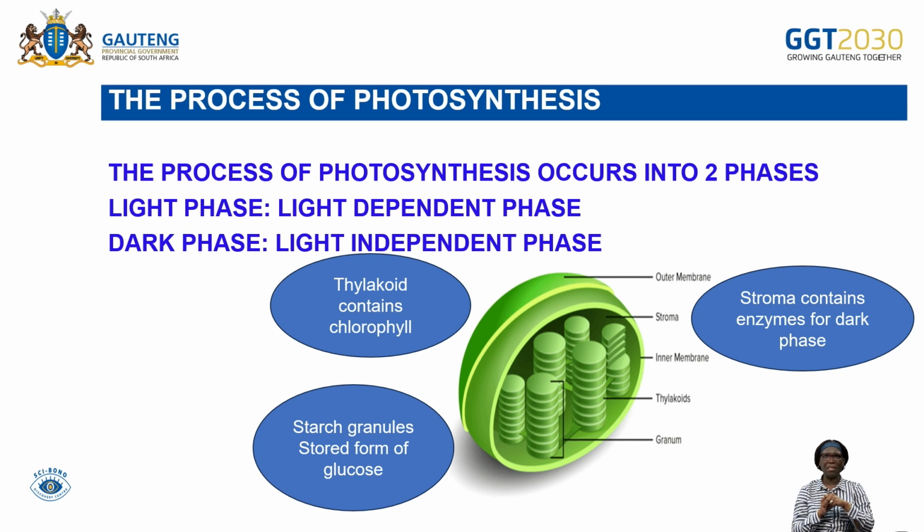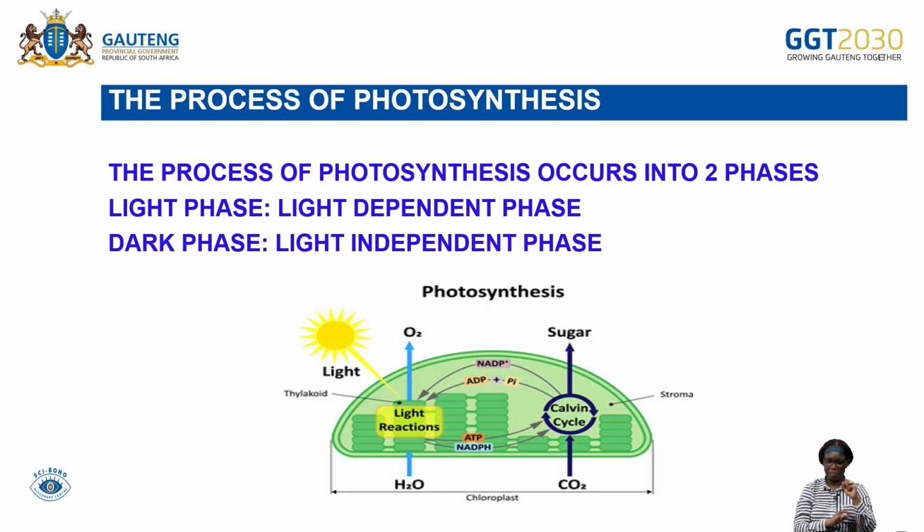The end products will be what? Will be starch, which will be stored in the what? In the starch granules. Glucose will be in the form of starch, and then that will be stored in the starch granules.